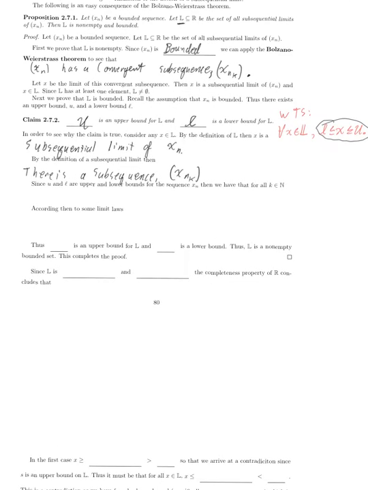By the definition of a subsequential limit, that means there is a subsequence, I could even give it a name, x sub n sub k, it doesn't matter what you call it, which converges to x.